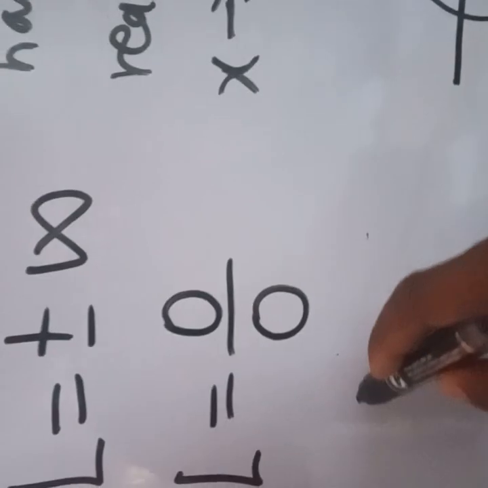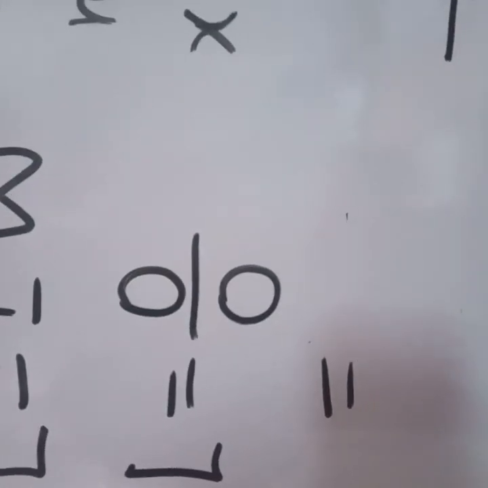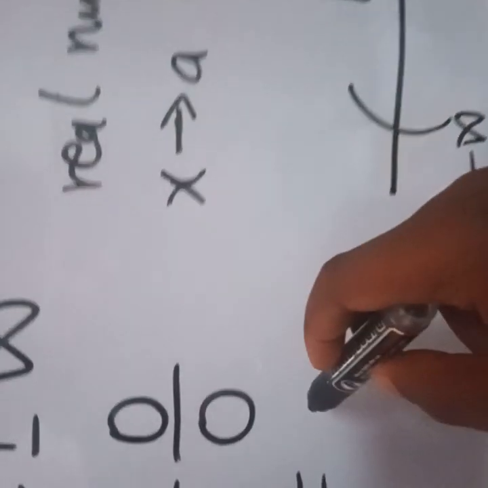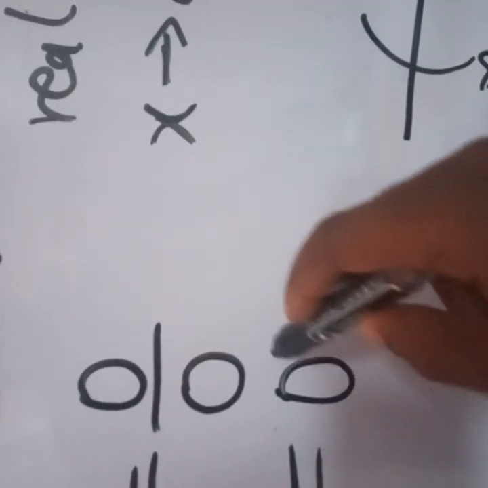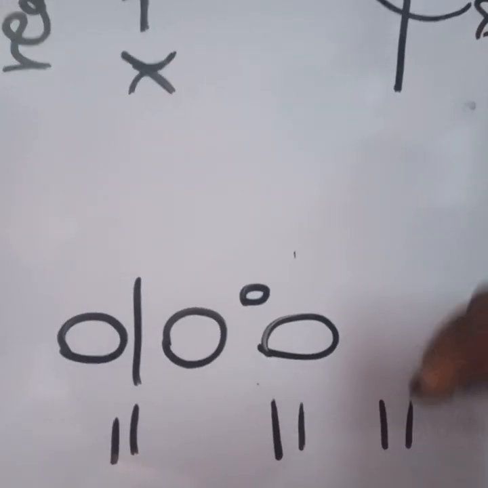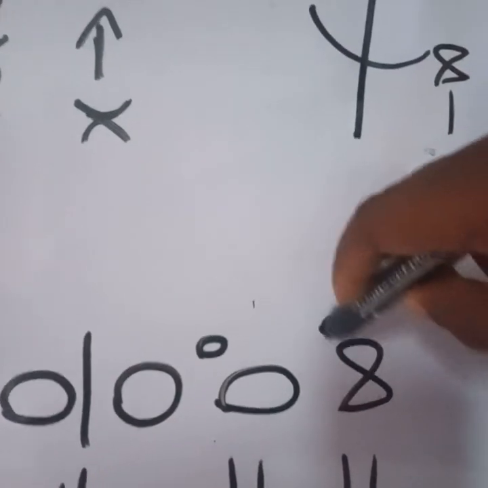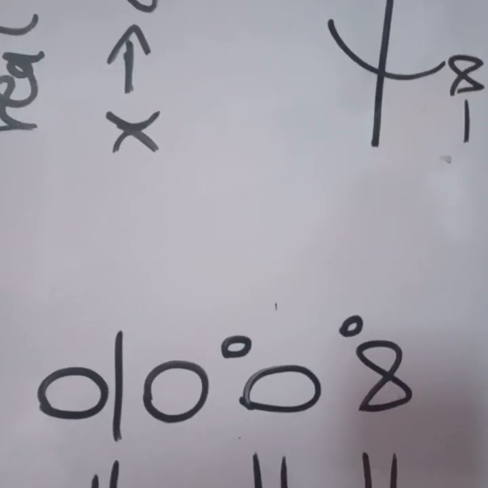We also have some other forms which are indeterminate. These are a case where 0 to the power of 0 is also indeterminate. We can also have a case where infinity is raised to the power of 0. This is also indeterminate.